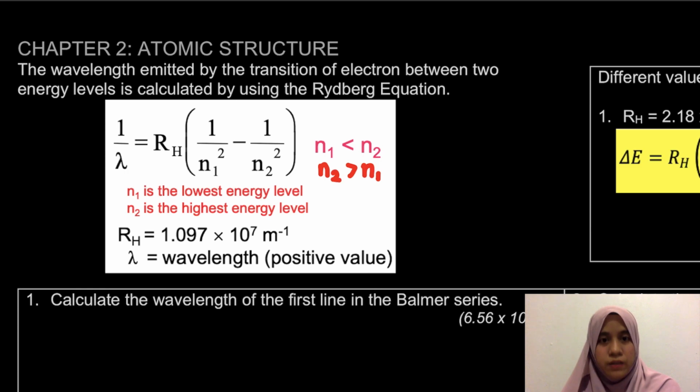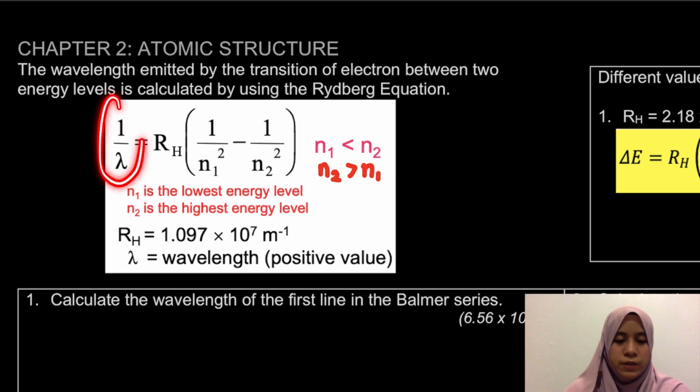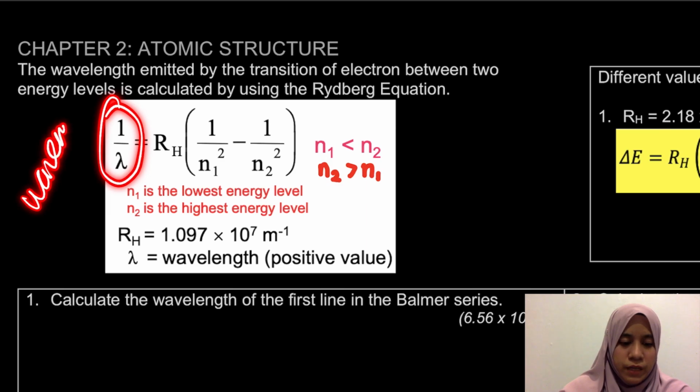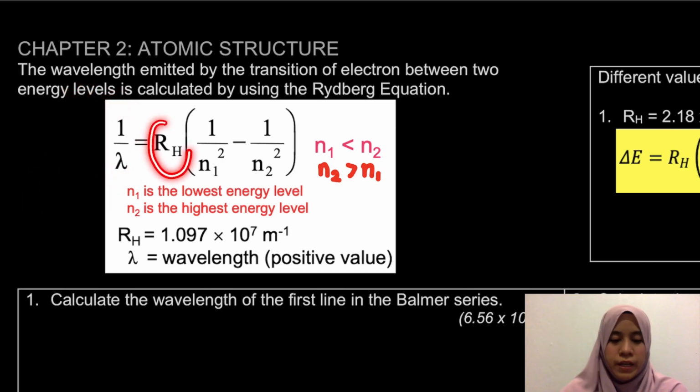Okay, and another way of calculating the wavelength straight away, ni satu step sahaja, is 1 over wavelength. So, this is what we call our wave number lah. This is our wave number equal to RH. Okay. This case, Rydberg constant kita is 1.097 exponent 7 per meter.